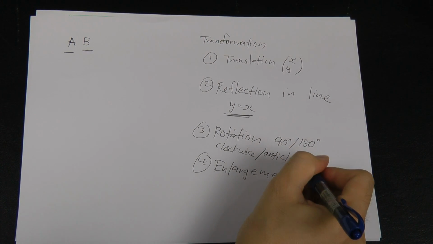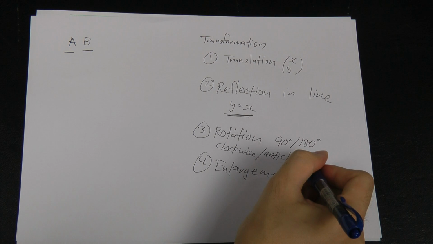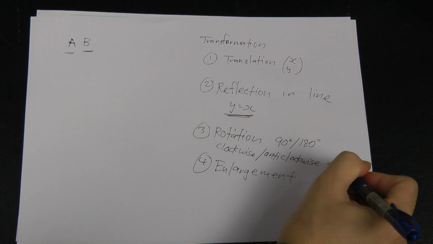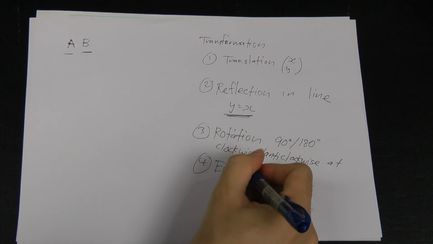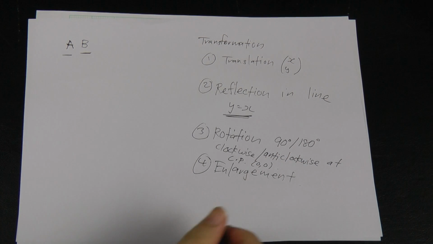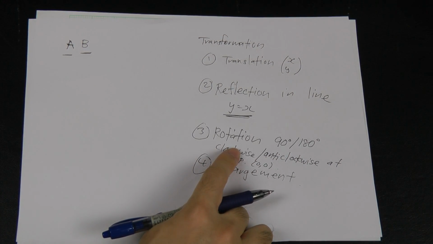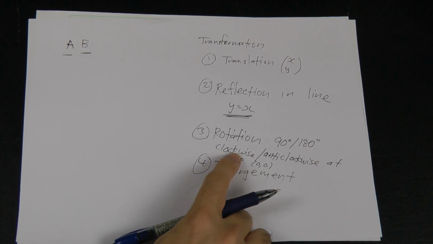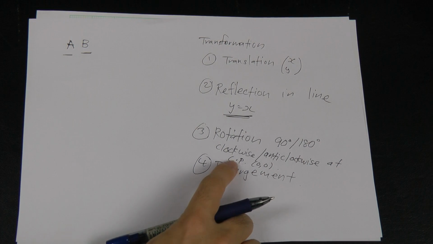And then last but not least, you have to mention the center point, maybe 0, 0. So for rotation, you have to make sure you mention the angle it rotates, and the direction, either clockwise or anti-clockwise, at what center point.